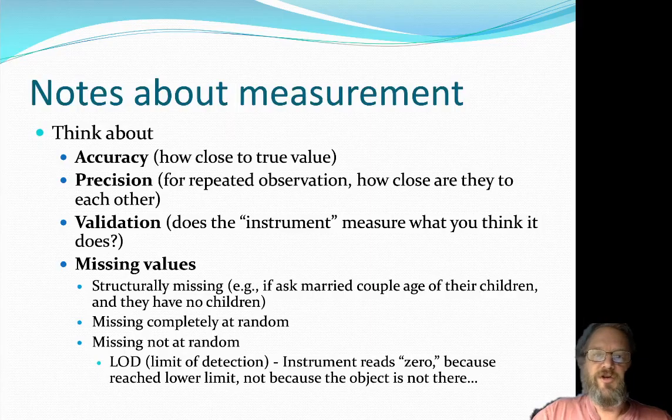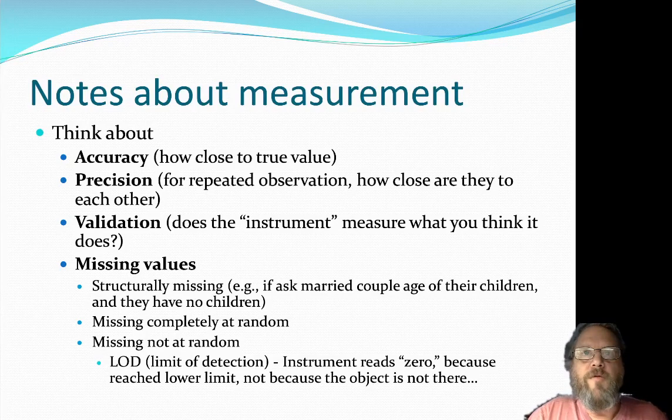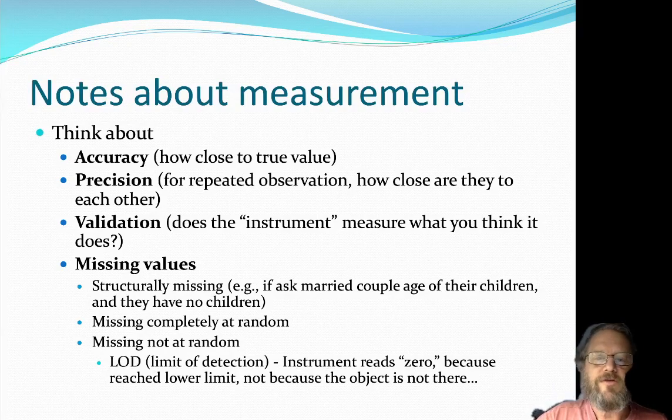Another issue about instrument validation: hopefully you know something about the Elizabeth Holmes and Theranos story. Over the past 10, 15 years, she had been trying to sell a device that she said could measure hundreds of blood tests based on a drop or two of blood.